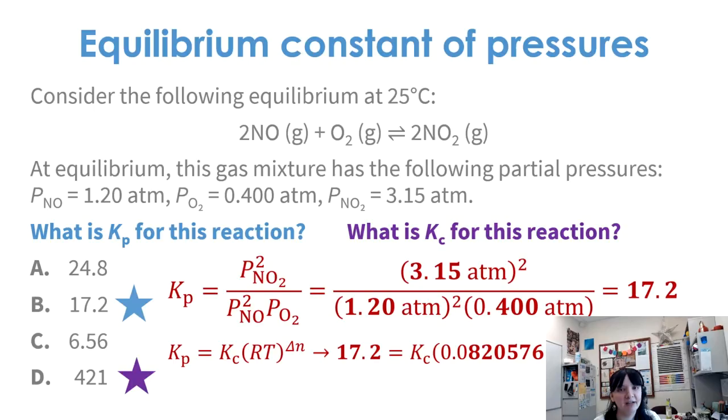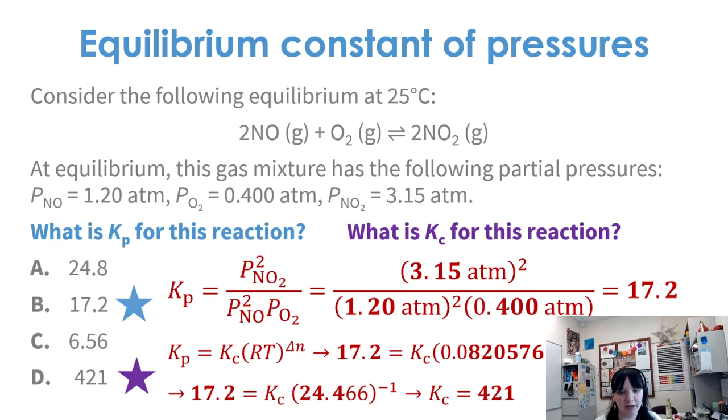Setting this up, you can see I have delta n as -1 now, because we have 2 in the products and 3 total in the reactants. And keep in mind that we need to convert the temperature into absolute temperature. This is often something that people forget about when using this equation. Solving for that and working through the algebra, I find Kc equal to about 421.